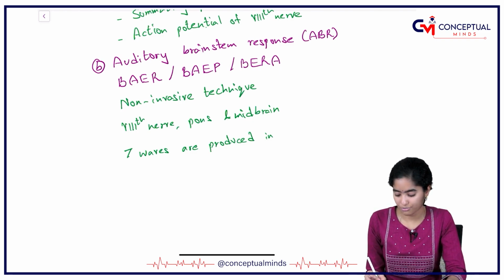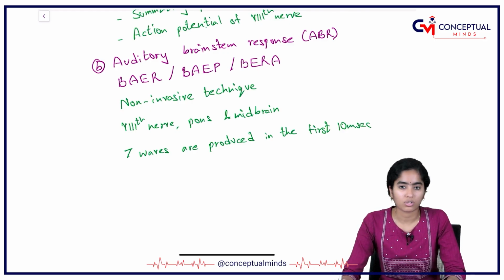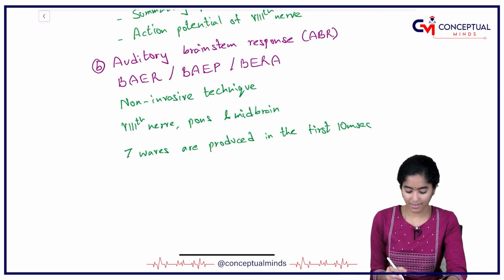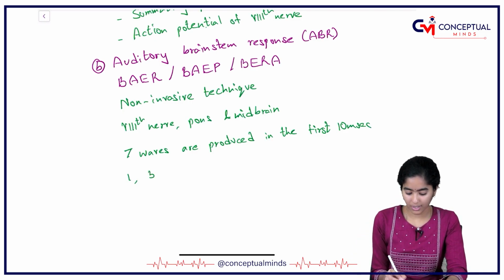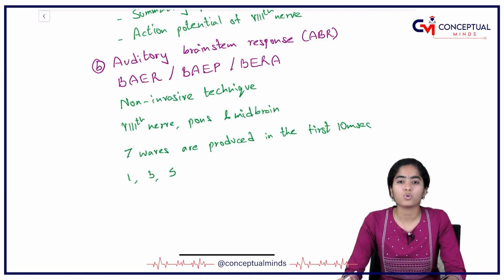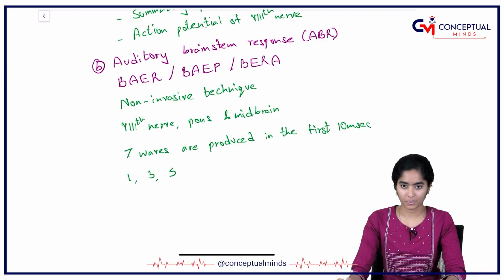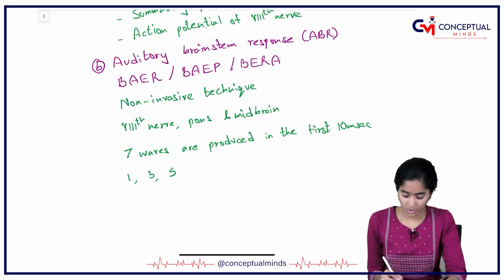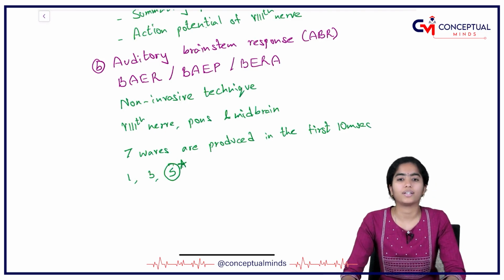This measures in the first 10 milliseconds, because here we are going beyond the 8th cranial nerve up to the pons and midbrain also. So 10 milliseconds is the range. Among these 7 waves, the first wave, third wave and fifth wave are the most stable and they are used for measurements. Out of these also, the fifth wave is most important as it is most stable.